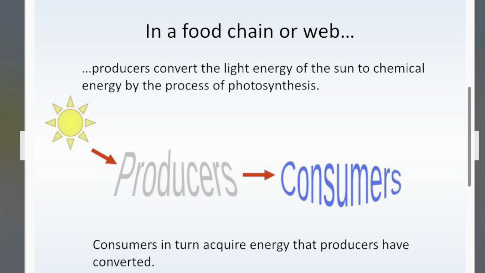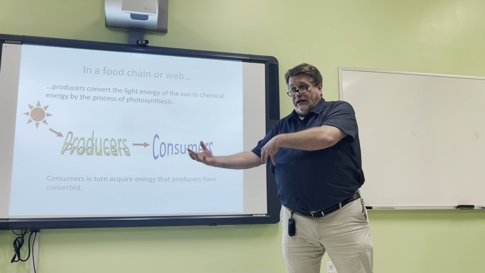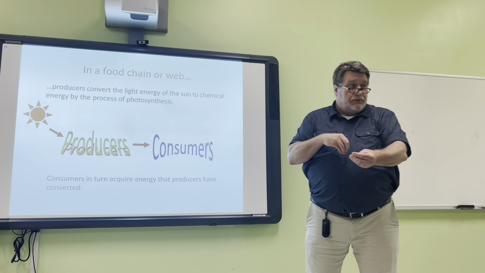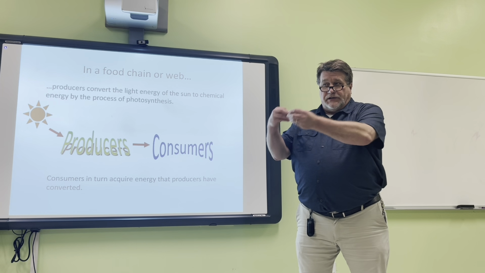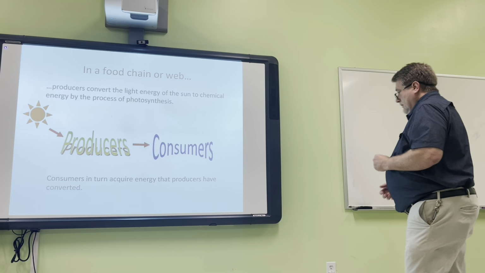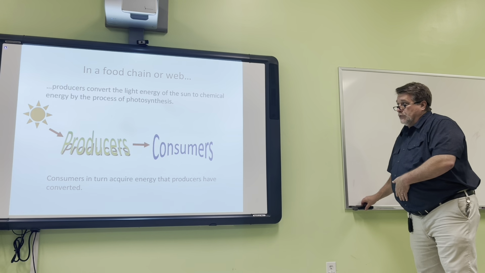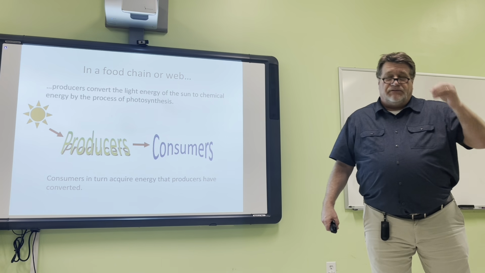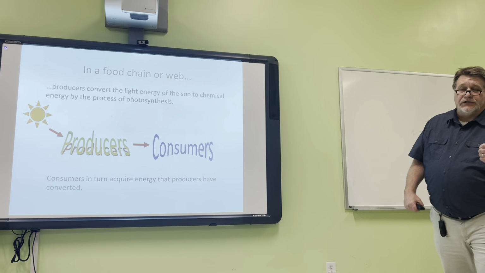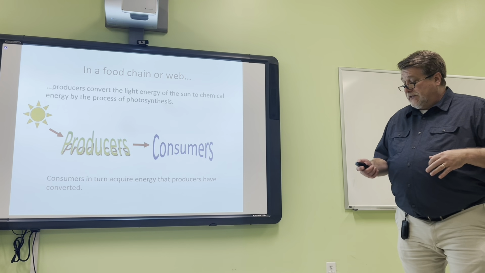Well, not all organisms on Earth can do that. They're not all producers. So if you're not converting the sun's energy, then you've got to be getting it by consuming other organisms that do, or other organisms that consume other organisms that do, or on down the line. So you're either a producer or you're some kind of consumer. We'll talk about those specific niches when we get into the discussion of biological communities later on in the series.